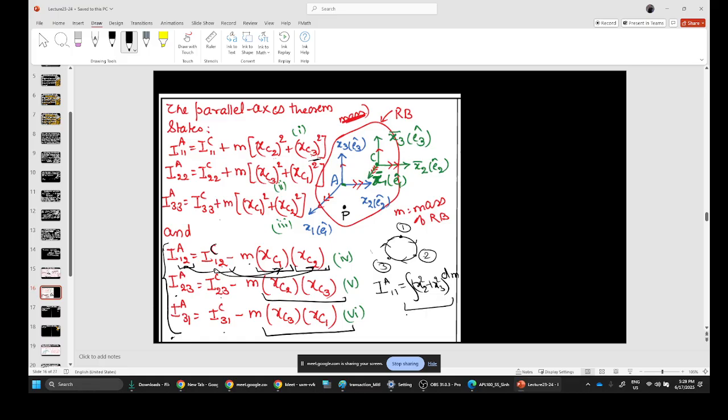You have to perform this integral to get IA11. But if you know IC11, then you just have to add this extra term, which is not an integration. You can readily find this. And thus, you can avoid computing this integral over and over again. That is the utility of this theorem.